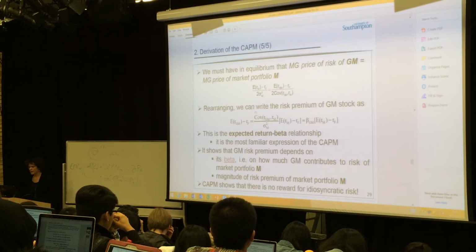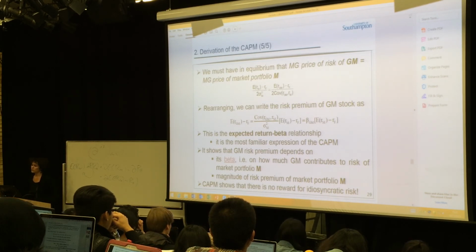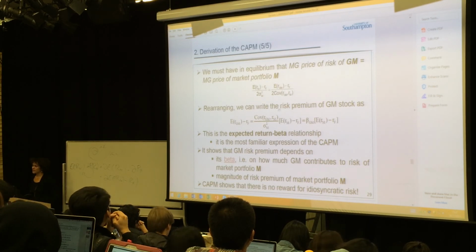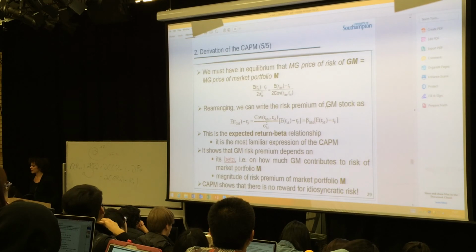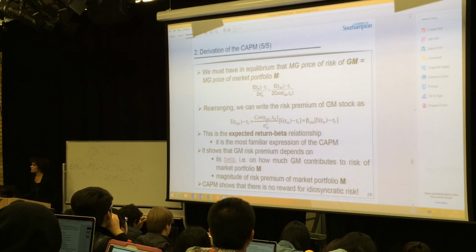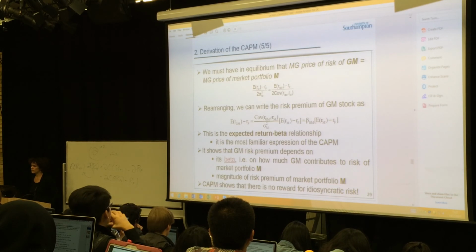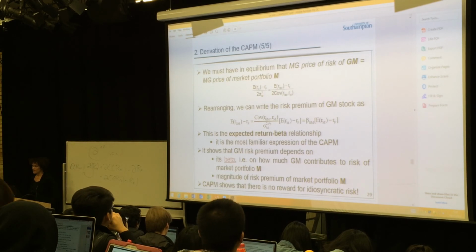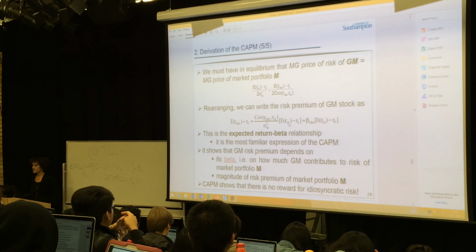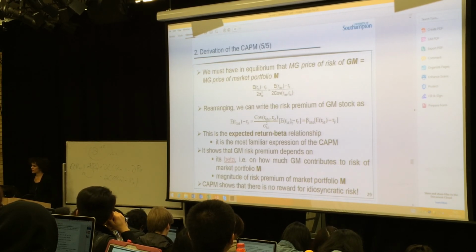So what we have here, I can rearrange these two equations in such a way that I can write the risk premium of my risky stock I as a function of my beta, and this is the market premium, so it's the expected return of my market portfolio minus the risk-free rate.